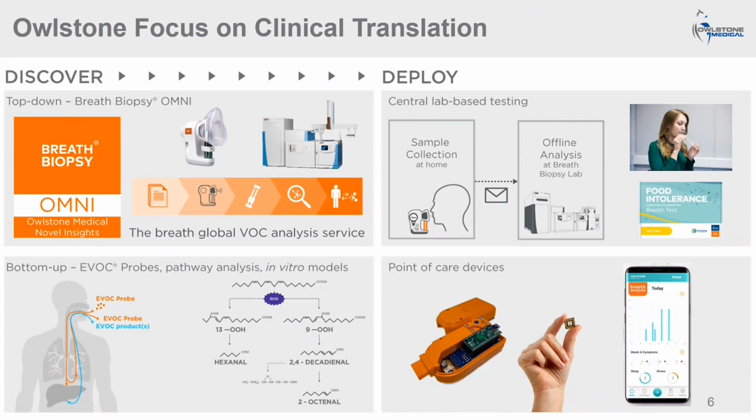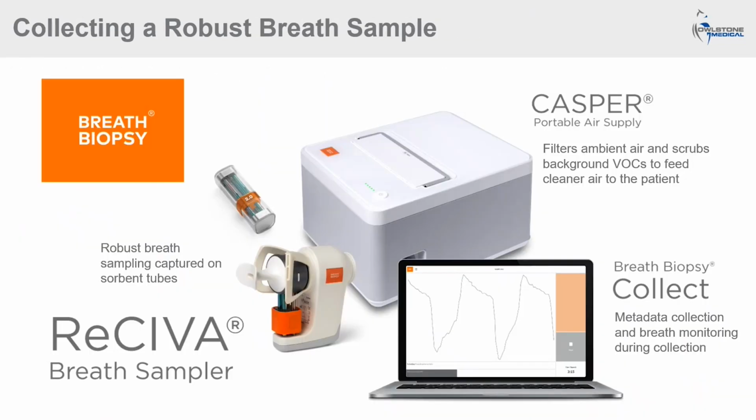They breathe into these sampling kits, do the test, and then they send the sample back to our labs just by the post for analysis. We're also, of course, looking at alternative ways of testing patients. So, for example, we're developing point-of-care devices to look at specific molecules, which could be breathed into for very rapid and online analysis. To go into the discovery approaches in a bit more detail, I'll talk about sample collection first.